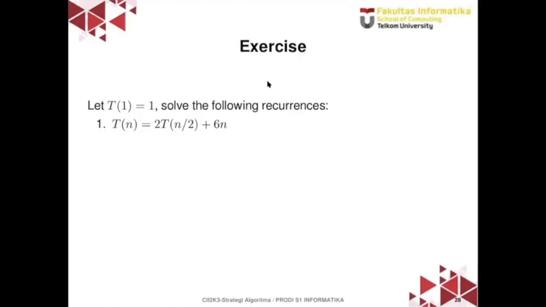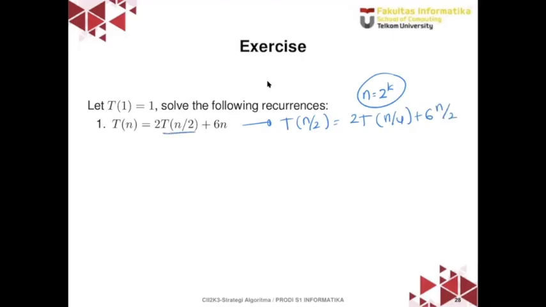So how can we solve them? Back to the previous slide, we know that n is 2 to the k for some non-negative integer k. Okay, so from this recurrence, we need to notice that T(n/2) is equal to 2T(n/4) plus 6 times n/2.